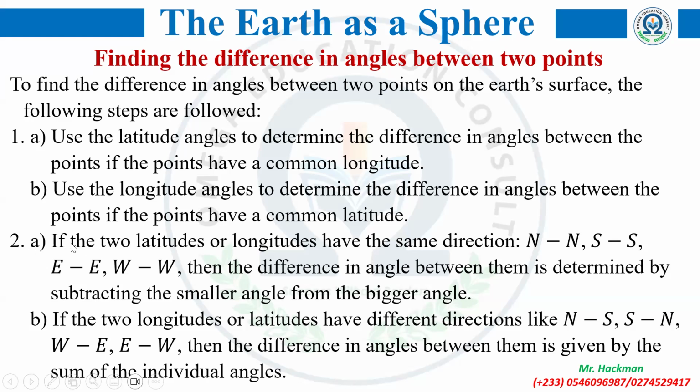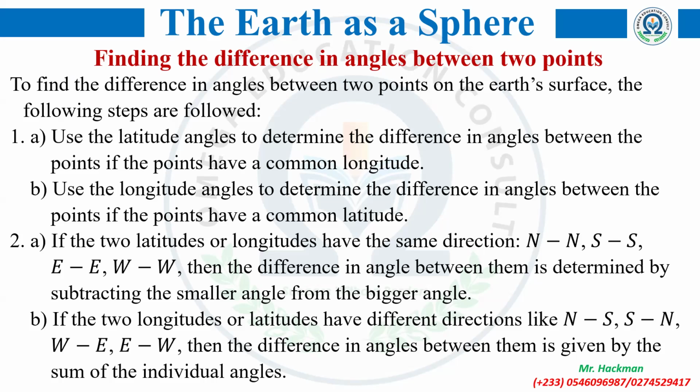Now step 2: if the 2 latitudes or longitudes have the same direction. Let's say your 2 points have a common latitude and you are using the longitude. You know that longitude is measured east and west.